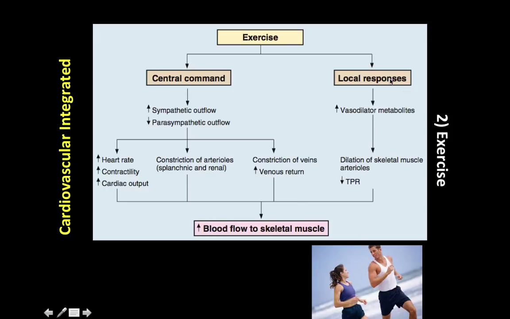Now, the other thing that was important for exercise is local responses. In local responses, we have increased vasodilator metabolites, which I harped on over and over, such as potassium, lactate, and adenosine, and this leads to dilation of skeletal muscle arterioles, which decreases total peripheral resistance. Compared to the central command, we would have increased total peripheral resistance.